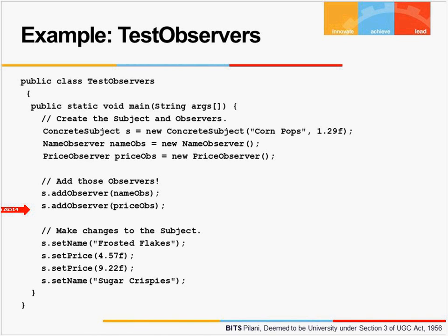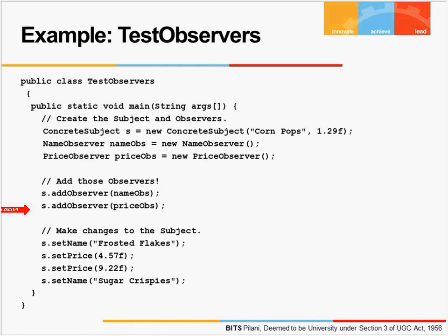Now, the subject maintains a list of these observers, and whenever the observers have to be notified, it iterates through the list which it maintains and invokes the update method of each of these observers. Right? Also, all this internal implementation of add observers is done for you in the java.util.Observable class, so that you can directly use it. Right?